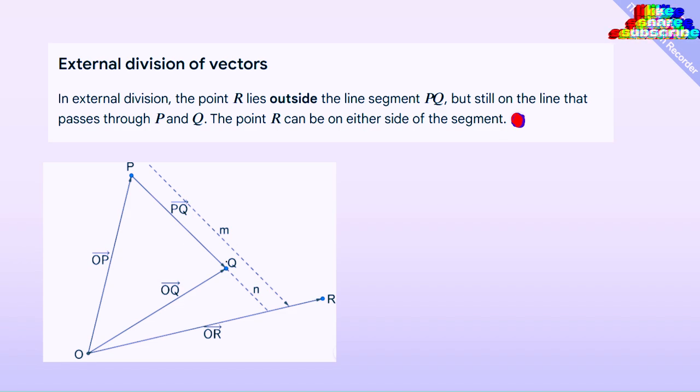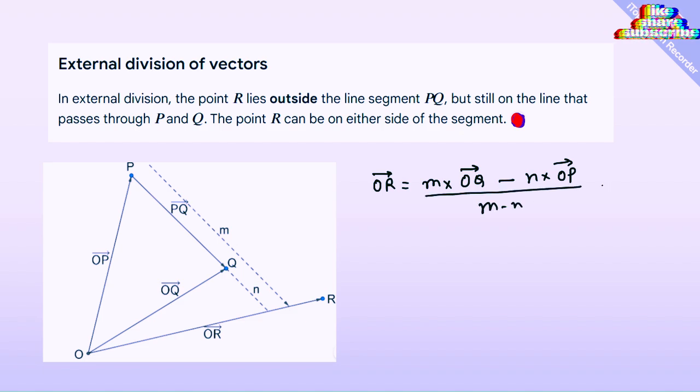You can see here that R divides P and Q externally in the ratio m:n, and the position vector of R is OR vector equals m times OQ, the position vector of Q, minus n times OP, the position vector of P, over m minus n. This is the formula for external division, and you recall that the formula for internal division has a positive sign in place of the negative sign.